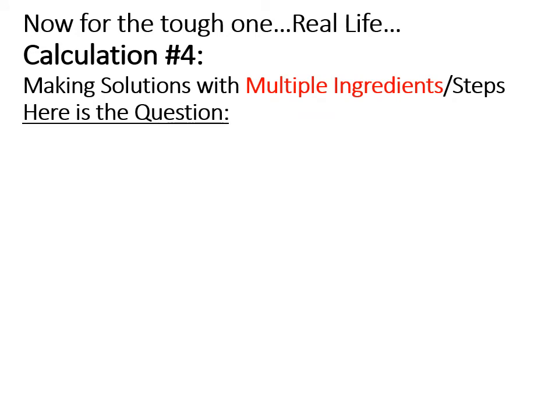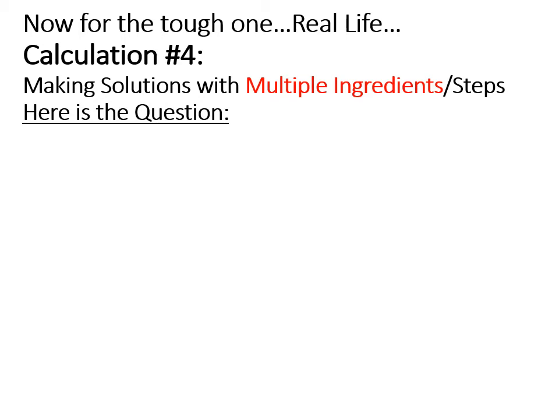Now we get to the really tough, scary one. And that's the fact that in real life, when you're working in a lab, kind of as you saw with our very first slides in this lesson, where I give you a picture of a real scientific recipe, as we call them, you're not just making one item.